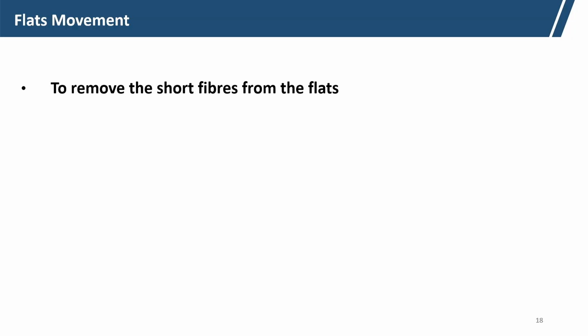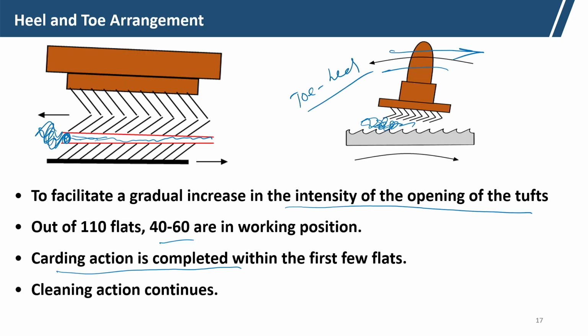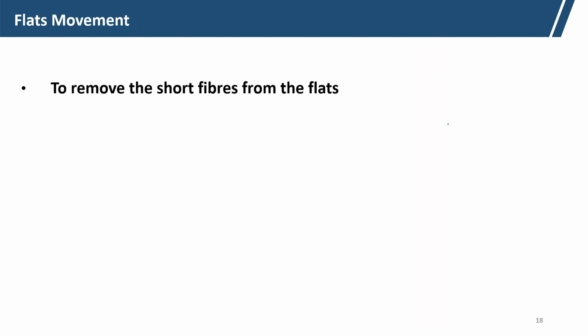To remove the short fibers, why then does the flat move? You can see here, the flat has to move because, as I have mentioned, short fibers and neps are entangled on the flat surface. So we have to move it to remove the short fibers from the flat.